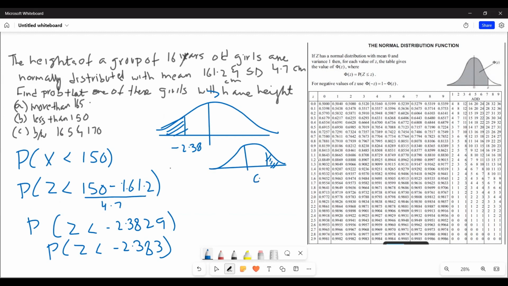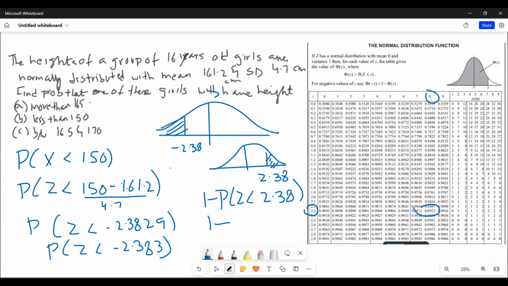So this would be 1 minus probability Z is less than 2.38, which comes out to be: 2.3 is here and 8 is here. This value is 0.9913.